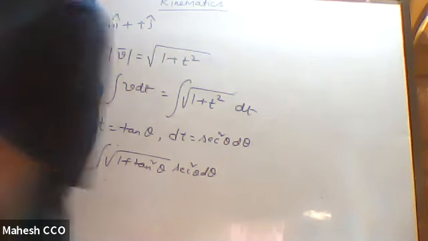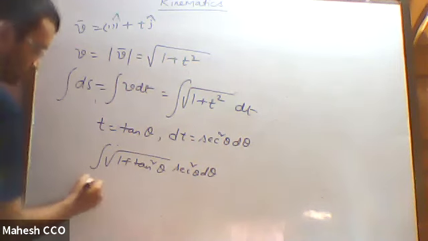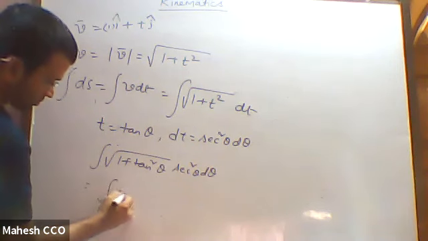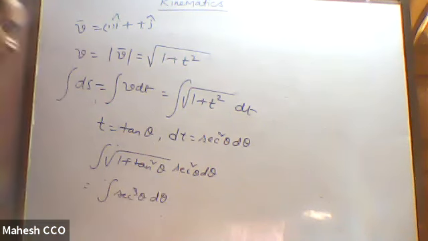Root secant square theta is secant theta. So ultimately, it comes out to be integral of secant cube theta d theta.